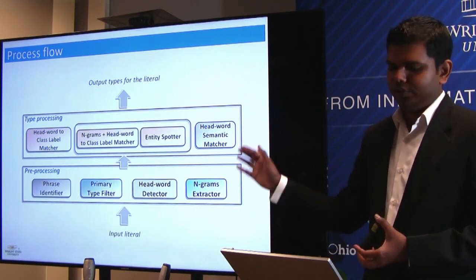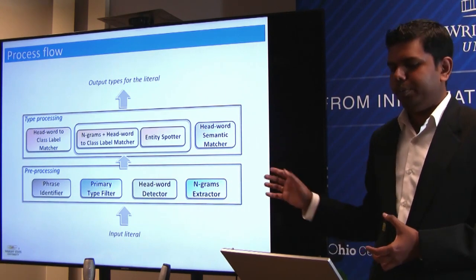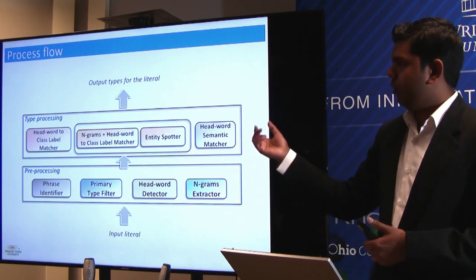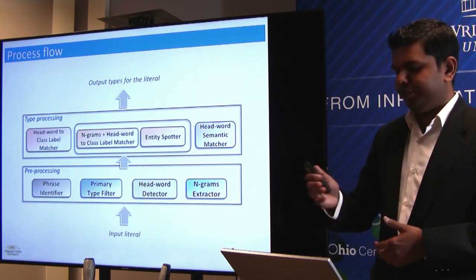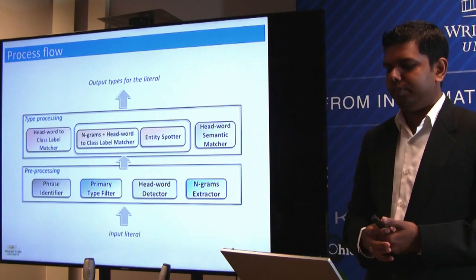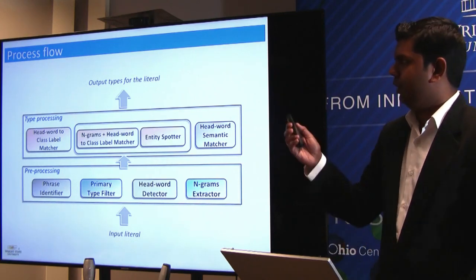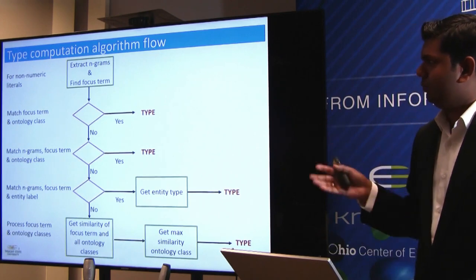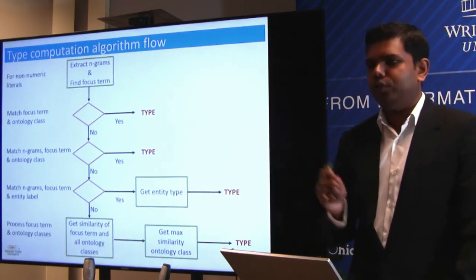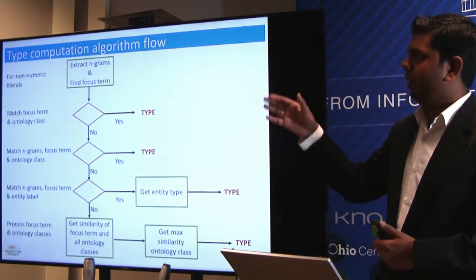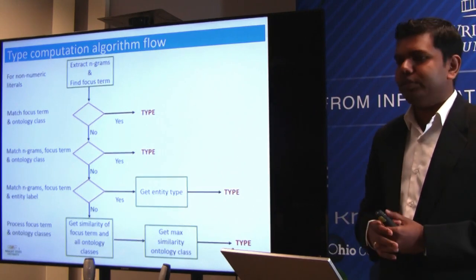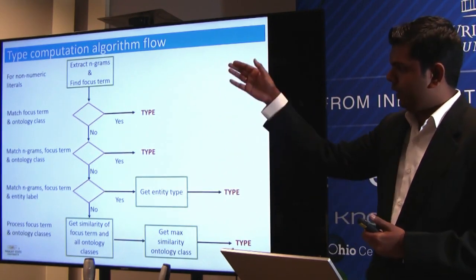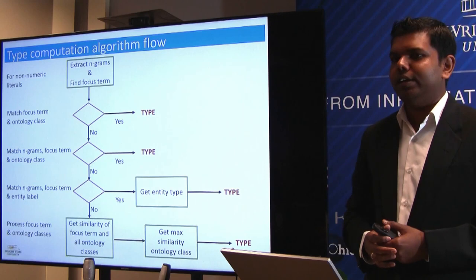So here are some techniques that we use. Input literal comes, we do pre-processing, and then we do some tasks, and then I'll briefly show you the flow, and then we compute types for the literals. So here is the actual flow that we follow. A literal comes, we extract n-grams and the focus term, and then it goes through several conditions.